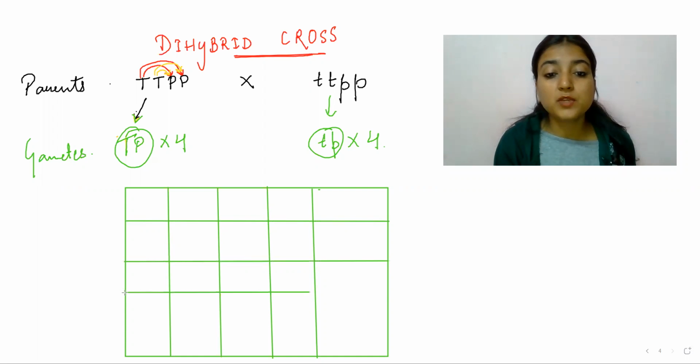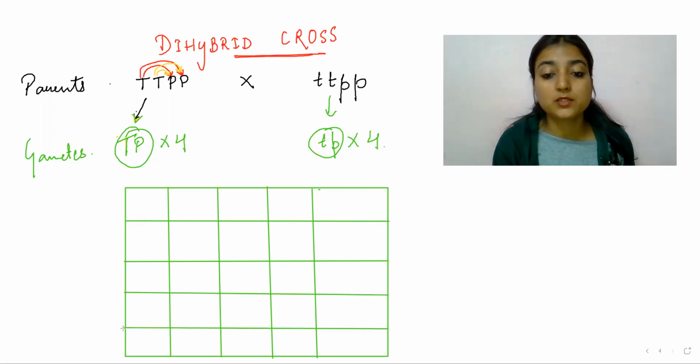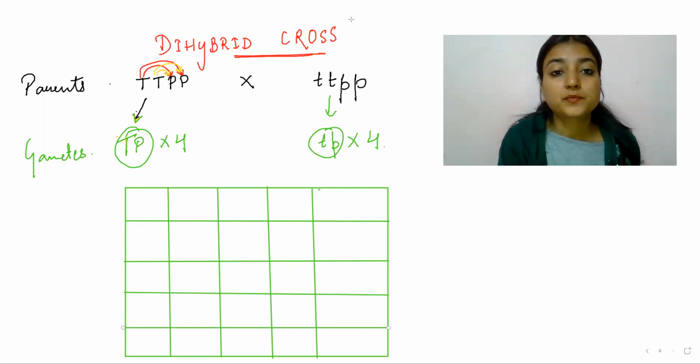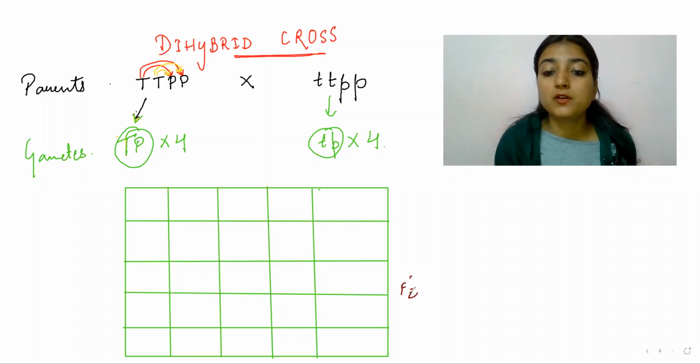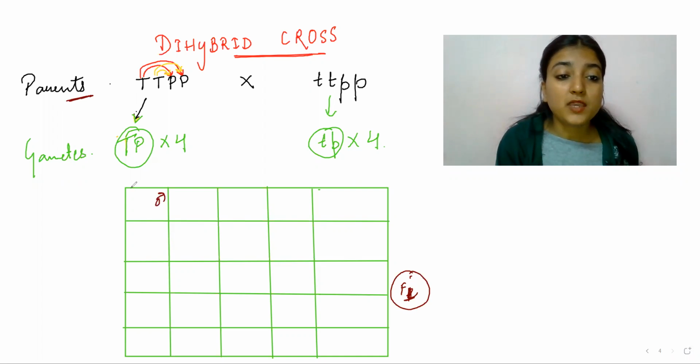Why F1 generation? Because here we are crossing between the parents and making the Punnett square. Okay. So now this is representing F1. I'm sorry, this is the F1 generation because here we are crossing between the parents. Fine. So let us take this as a male and this is a female.